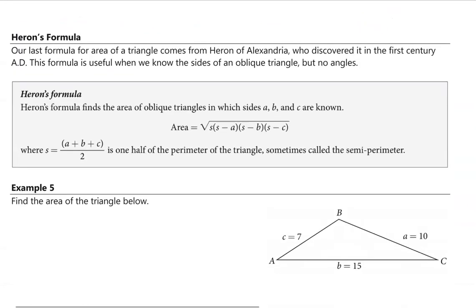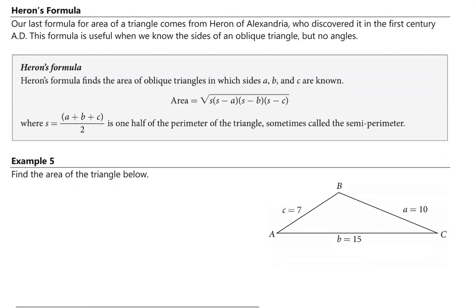Okay, next, Heron's formula. Our last formula for area of a triangle comes from Heron of Alexandria, who discovered it in the 1st century AD. This formula is useful when we know the sides of an oblique triangle but no angles.